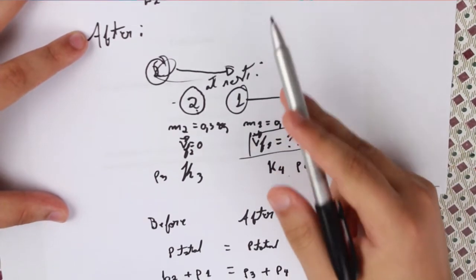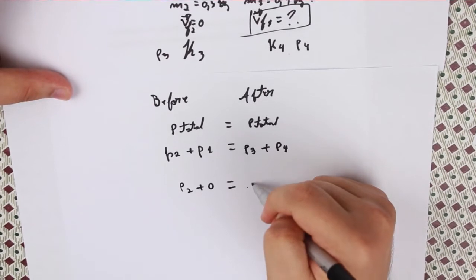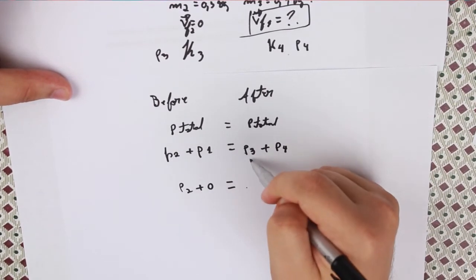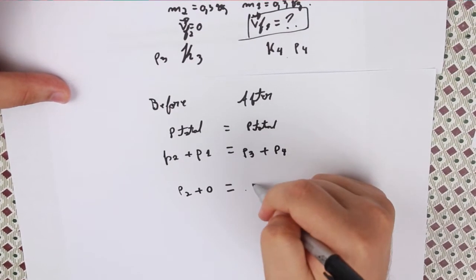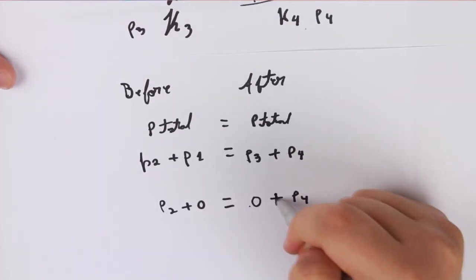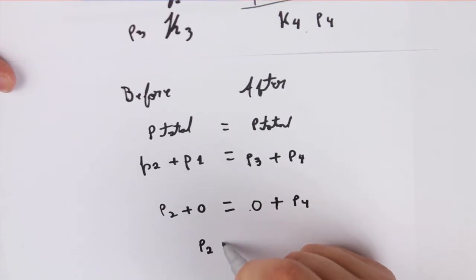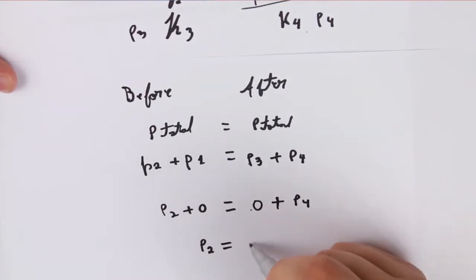So we can substitute P3 for 0 plus P4. Right. So momentum P2 equals momentum P4.